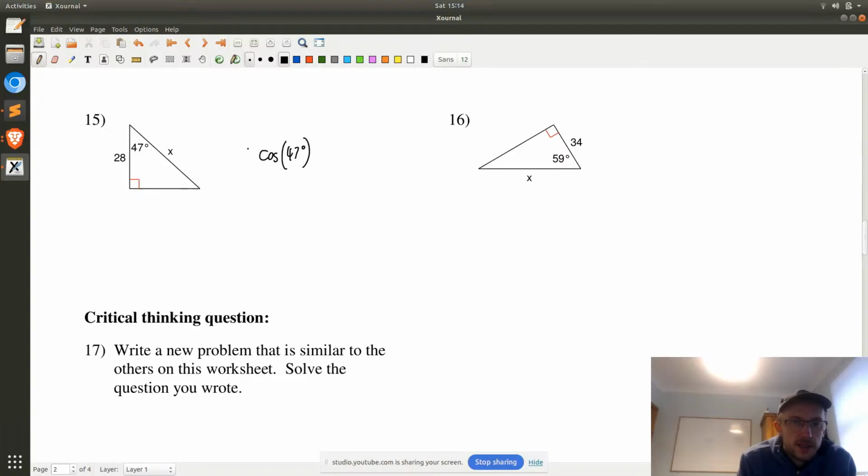So to get x by itself, do 28 over cosine 47. And that gives you about 41.1 to the nearest tenth.